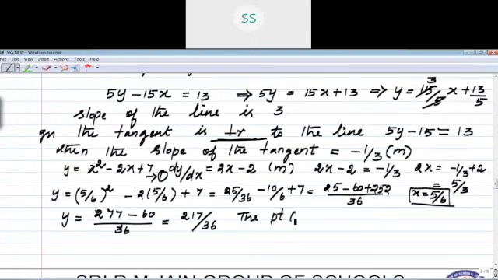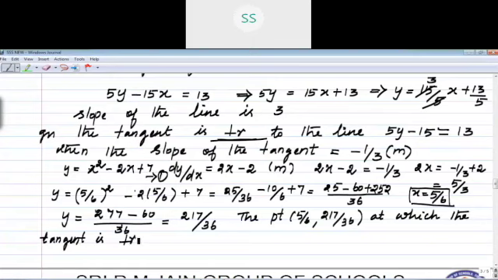The point you found is (5/6, 217/36), at which the tangent is perpendicular.